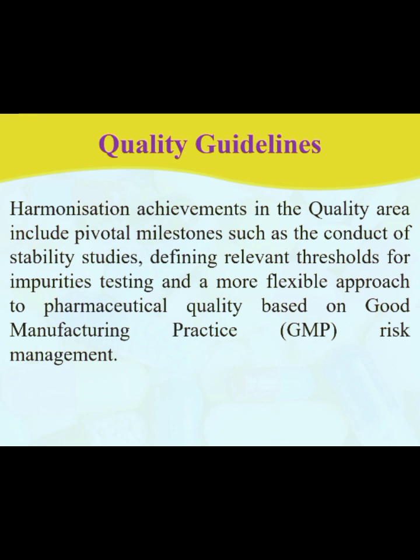These are some of the objectives of quality guidelines. First one is conduction of stability studies and the next one is defining relevant thresholds or the limits for impurities and a more flexible approach to pharmaceutical quality based on good manufacturing practice risk management, GMP risk management.